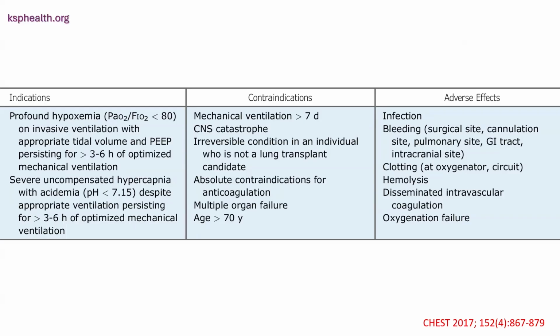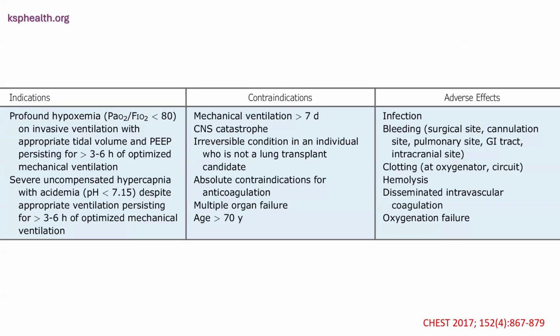The contraindications for ECMO: mechanical ventilation more than 7 days, a CNS catastrophe such as stroke or bleeding, a massive irreversible condition in an individual who is not a lung transplant candidate, absolute contraindication for anticoagulation, multi-organ failure, and age more than 70 years.